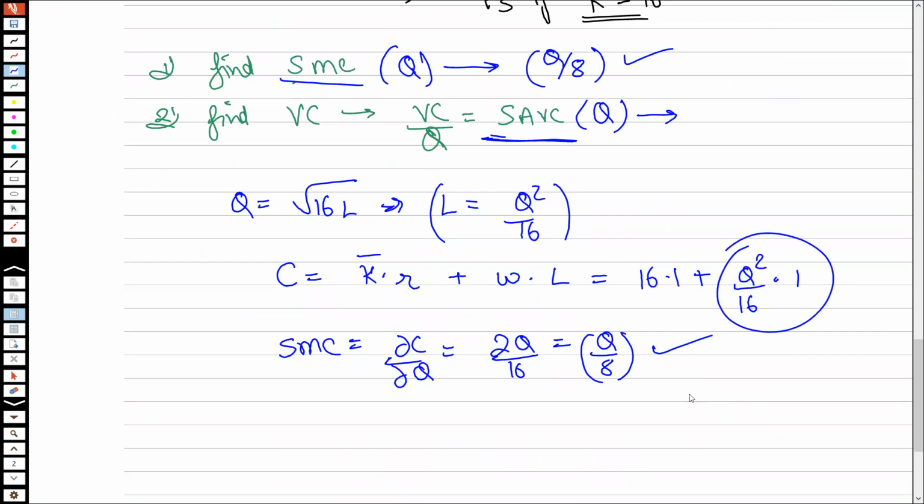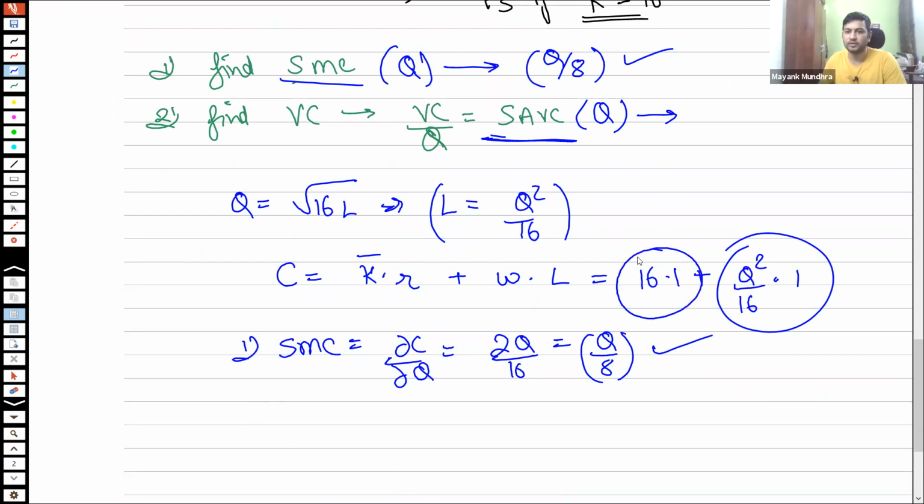Q square by 16. Very good. So total cost, once you get the total cost, you can break it down into fixed cost and variable cost. Right. So variable cost equals Q square by 16. So average variable cost will be equal to variable cost by Q, which is going to be equal to Q by 16.